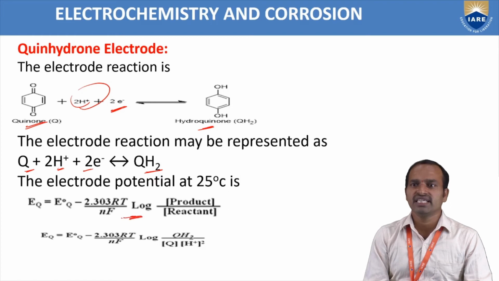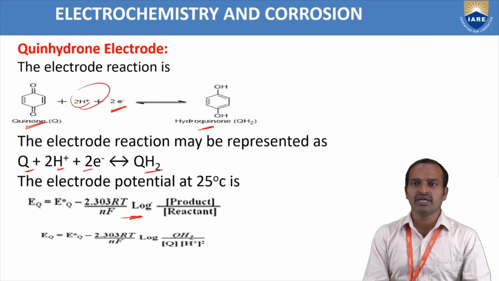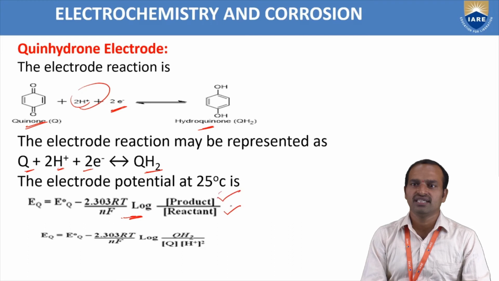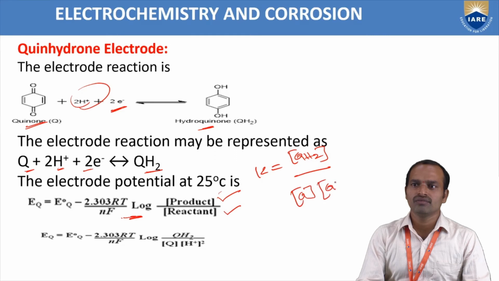At 25 degrees centigrade, the Nernst equation is EQ is equal to E0Q minus 2.303 RT by nF log K. Here K is the concentration of products by concentration of reactants. That K is written as the concentration of product, QH2, by concentration of Q into H plus whole square.